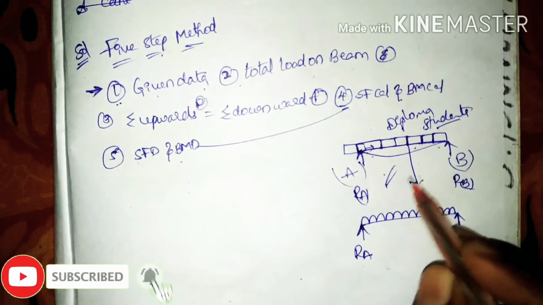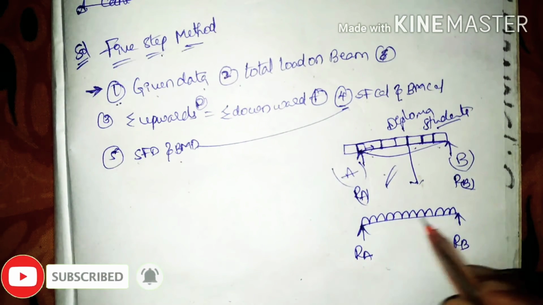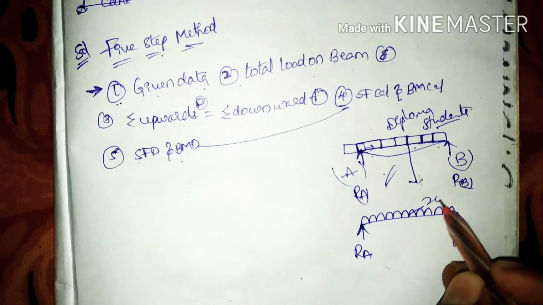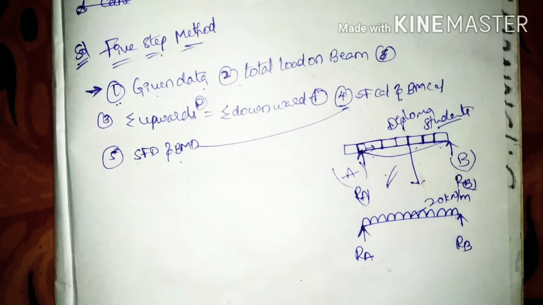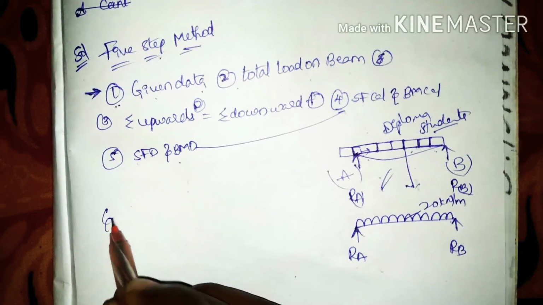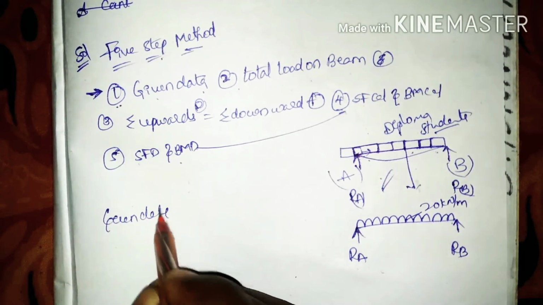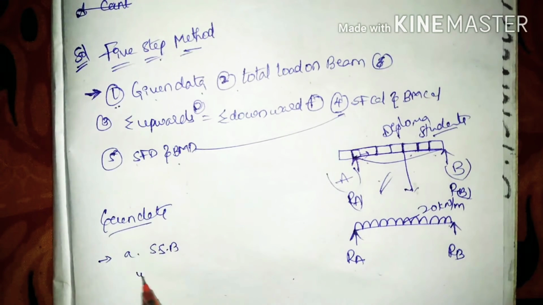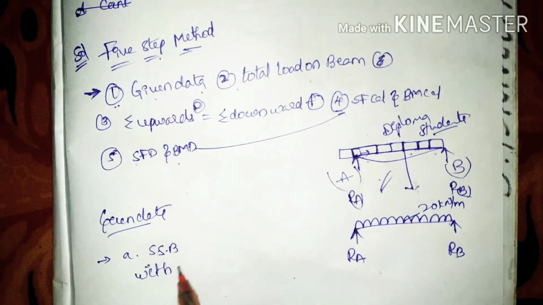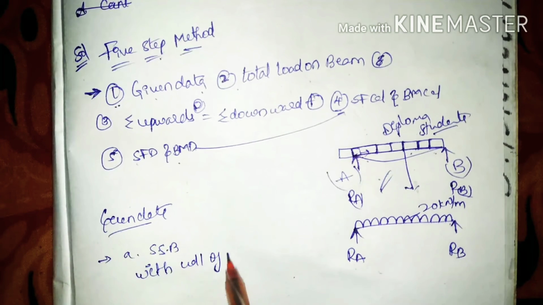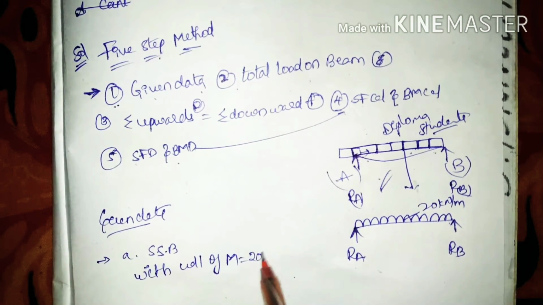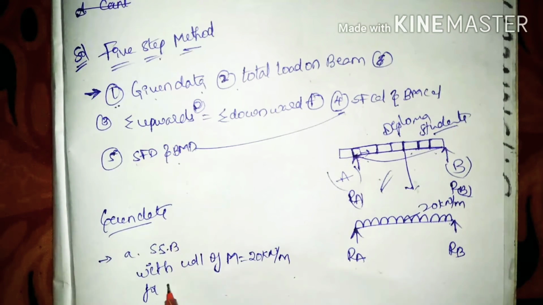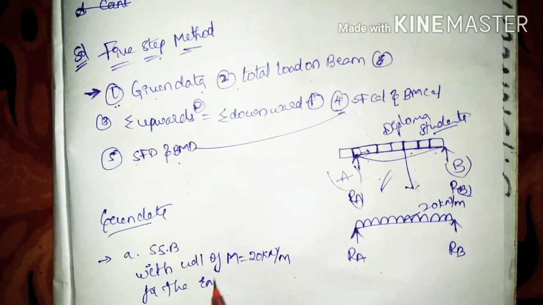As we discussed earlier, this is a train which is acting on a beam with 20 kN per meter. Here, according to our given data, it is a simply supported beam with a UDL of magnitude 20 kN per meter for the entire span.